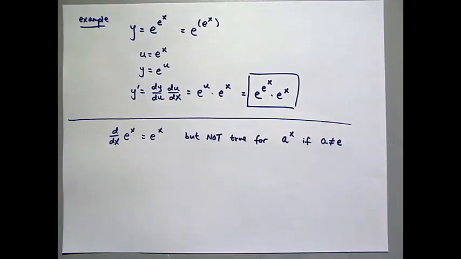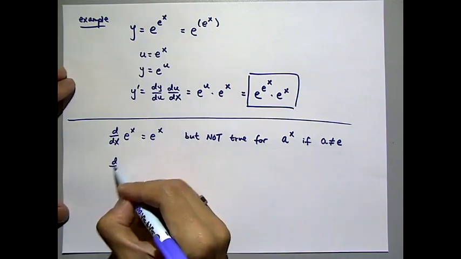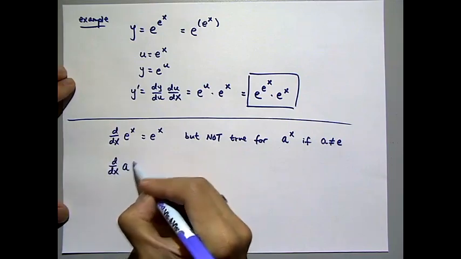If the base a here is not equal to e, then the derivative in general is not going to be itself. e is a number defined such that this happens. So we're going to figure out what is the derivative of a to the x.